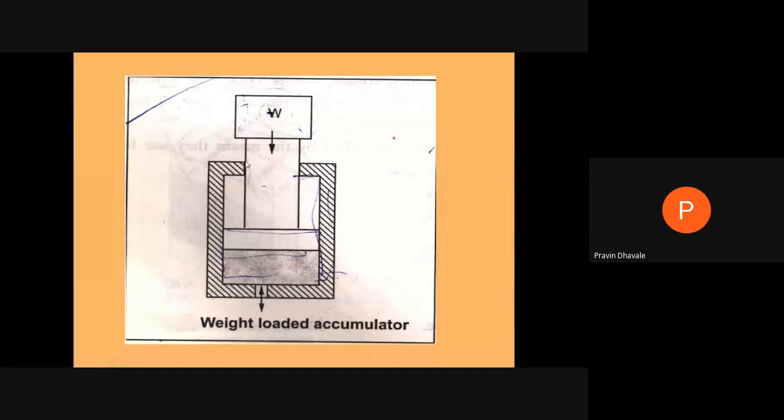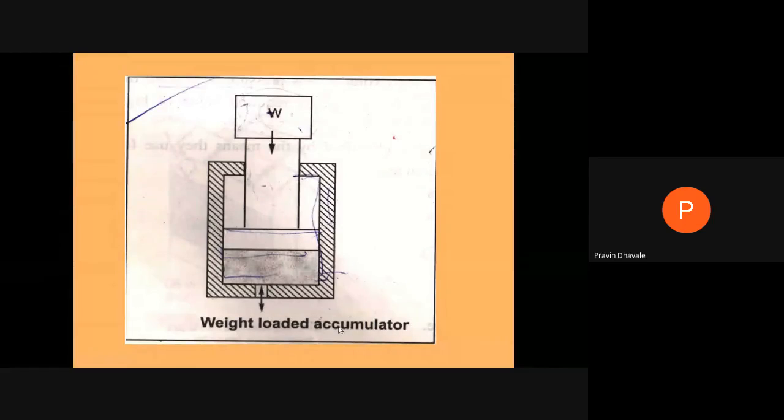An accumulator is nothing but a certain kind of cylinder and piston arrangement. But in order to increase the load on the fluid entering the accumulator, we take the help of this weight load which is put on the top of the ram. So this accumulator is called a weight loaded accumulator. Are you getting weight loaded accumulator?